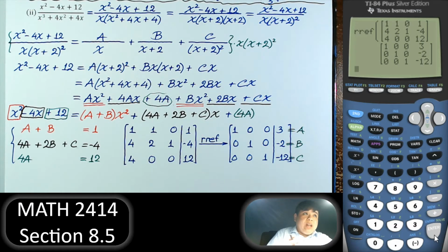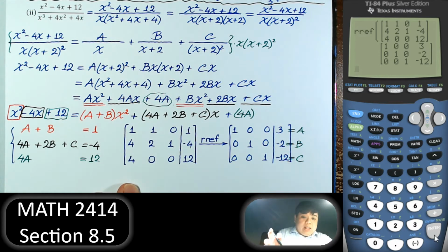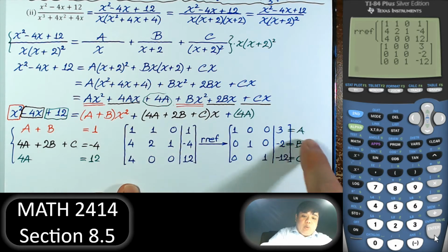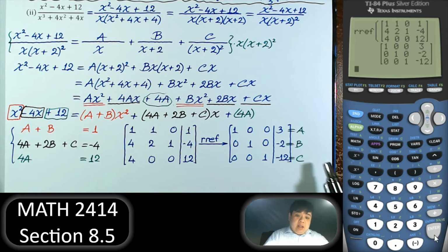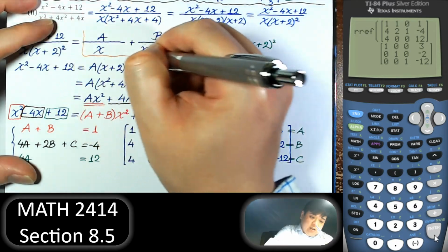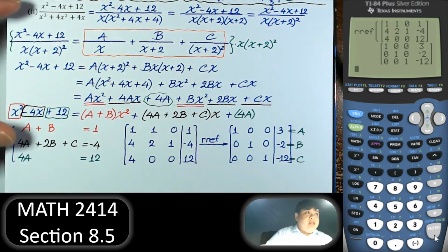Well, the way we set it up, first column is A, second column is B, third column is C. If we interchange the columns here, we're going to interchange the row in the answer. But bottom line is, that's what we have. And then we substitute into this form. Then we have the answer.